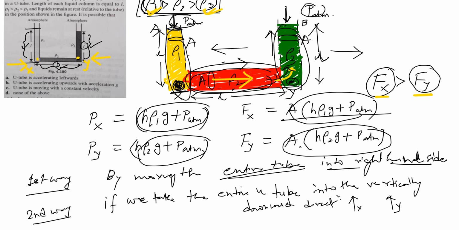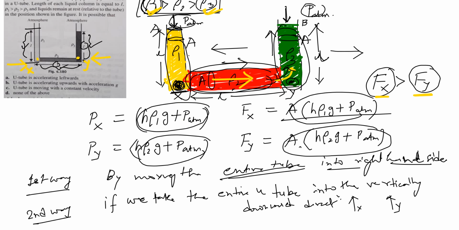So if you take it vertically downward with a certain acceleration, then whatever the downward pressures and whatever the upward pressures, they will nullify each other. So that is another way by which you can make this entire system in equilibrium.